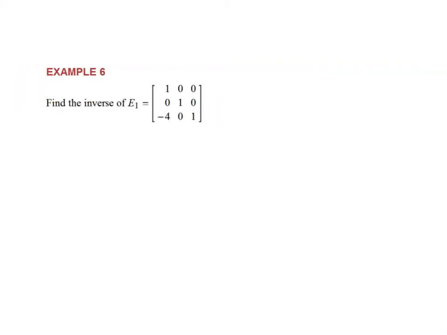And then here's an example, kind of verifying the first bullet point from the previous slide. We want to find the inverse of this E1, okay? And the inverse, E sub 1 inverse, what that looks like is what row operation would I need to turn that E1 matrix back into the identity, right? And what it is: 4 times row 1, add row 3, store the result in row 3.